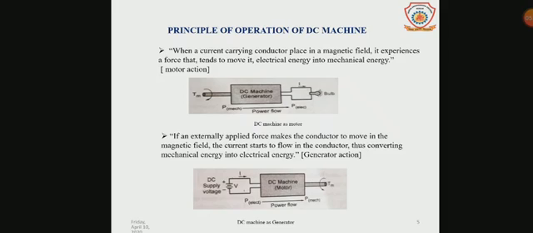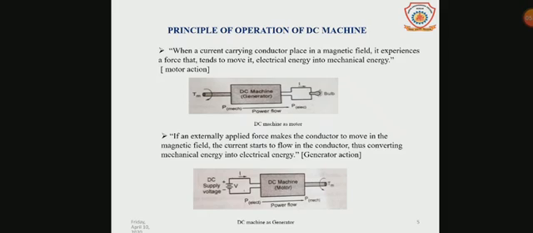The basic concept is that when a current carrying conductor is placed in a magnetic field, it experiences a force that tends to move it, converting electrical energy into mechanical energy. This is the action of a motor, where a current carrying conductor in a magnetic field gives rotation of the moving part.